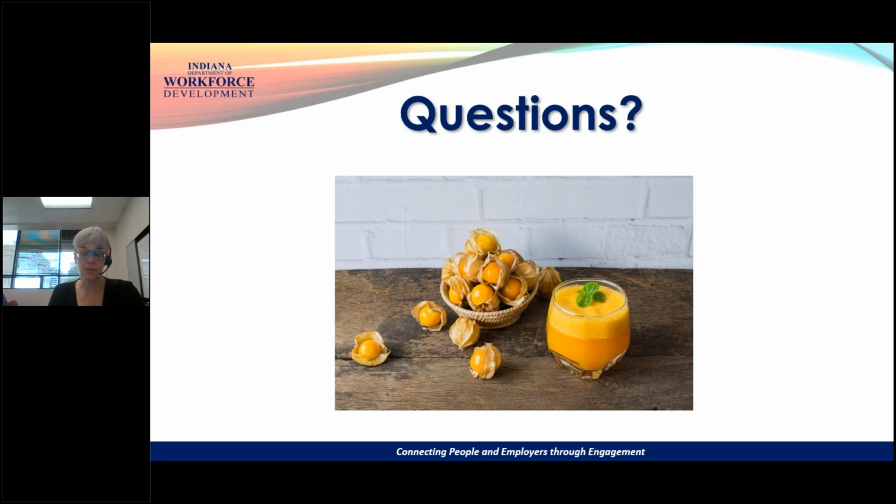To PEOs, at the PEO level or at the client level, be very careful of misclassification, because if your client is misclassifying workers and you are taking responsibility for reporting all of their employment, you have that liability also. It goes both ways.